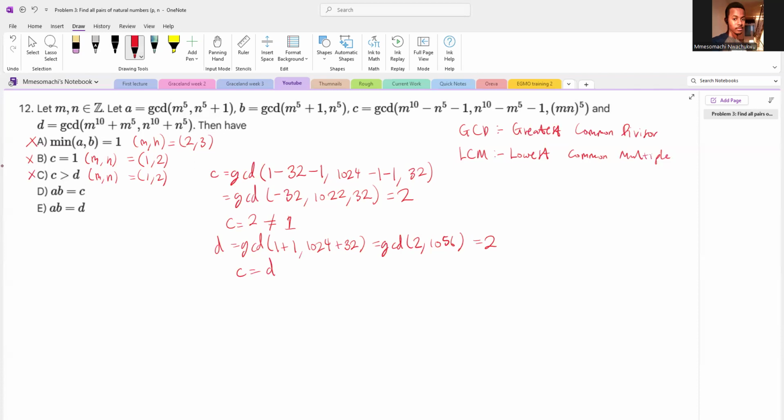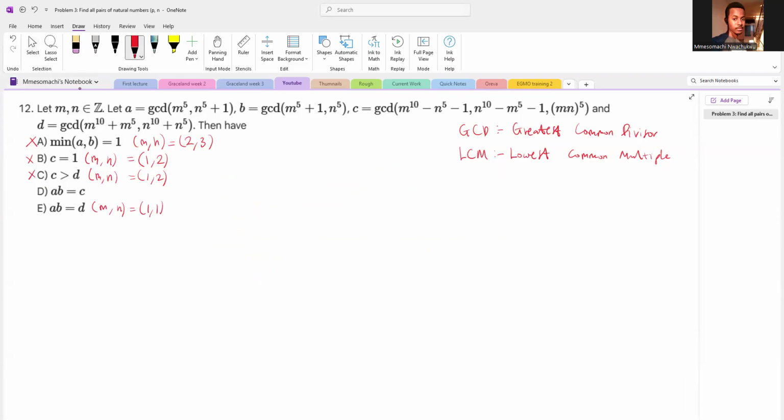So let's look at option E. For option E, we set M and N to be 1 and 1. Let's evaluate option E. A is equal to the GCD of 1 to the power of 5, which is 1, and 1 to the power of 5 plus 1, which is 2, so this is equal to 1.